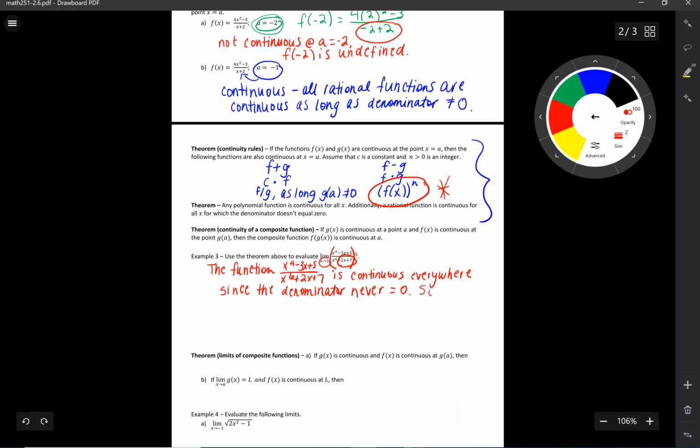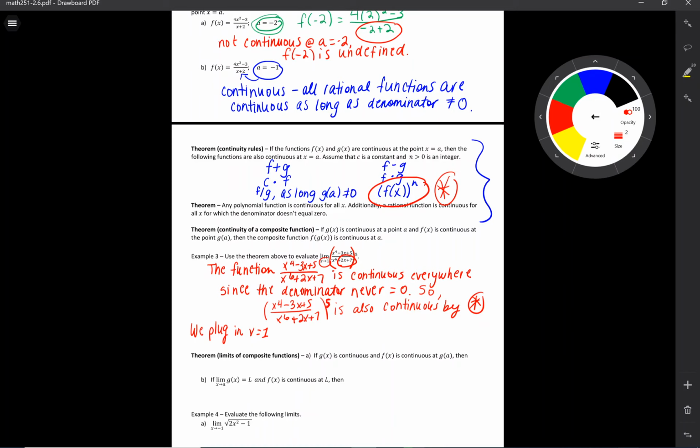So this function, x to the power of 4 minus 3x plus 5 over x to the power of 6 plus 2x plus 7, is also continuous. I'm going to call it by this theorem right here. So I can simply plug in our limit point x equals 1. Whoops, I forgot my 5 here.